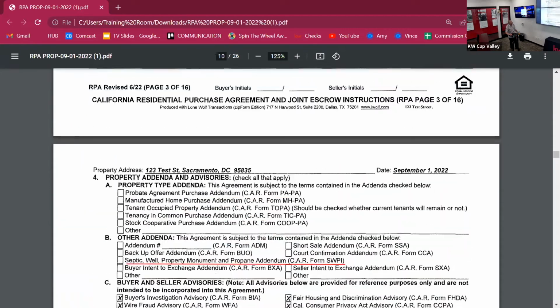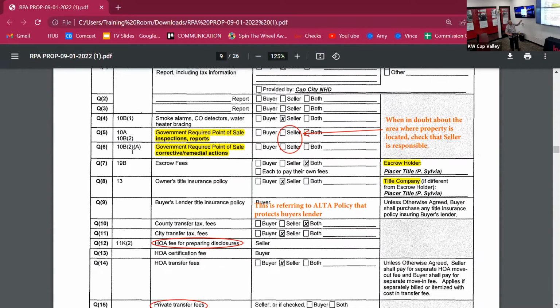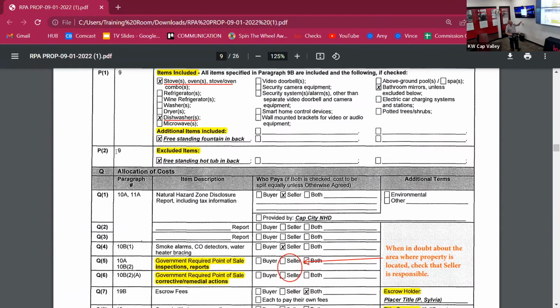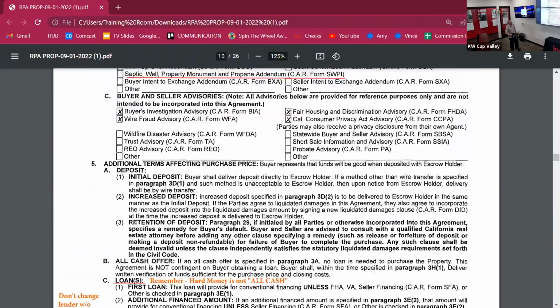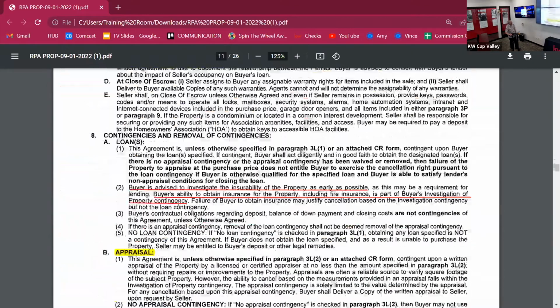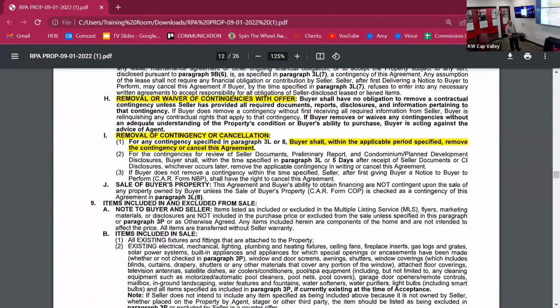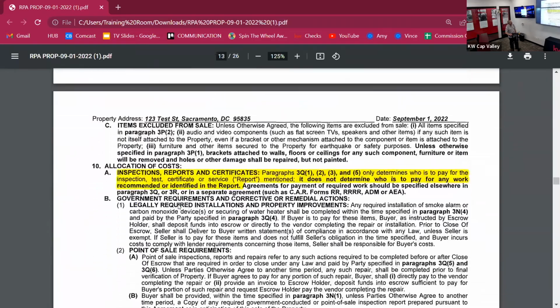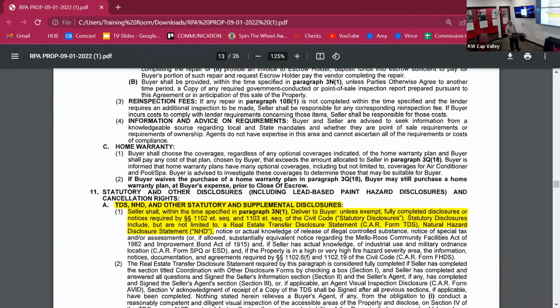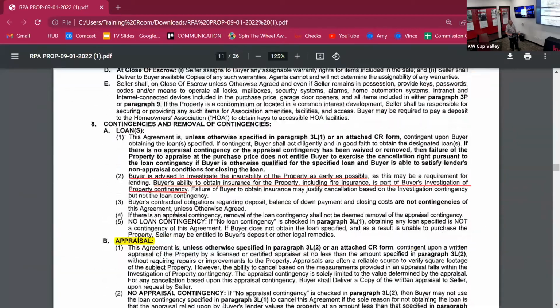So if you're in doubt as to what something means here, 10A, 11A, you can go down into the contract and find 10A here and 11A. The form makes it nice and easy.